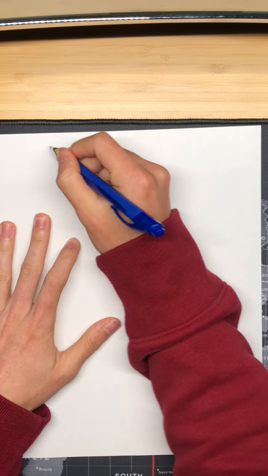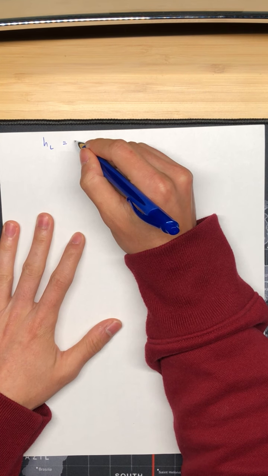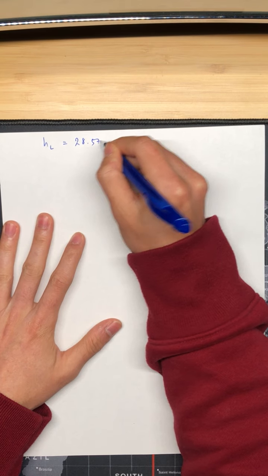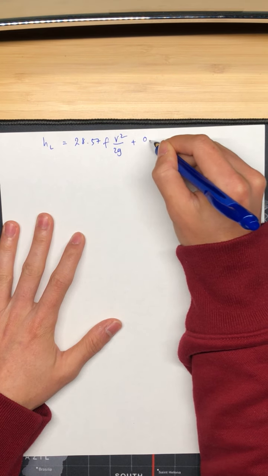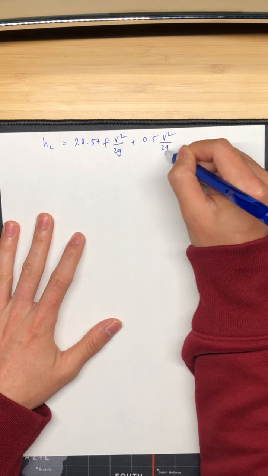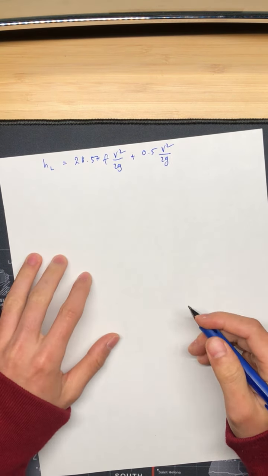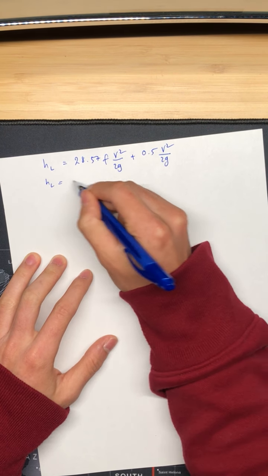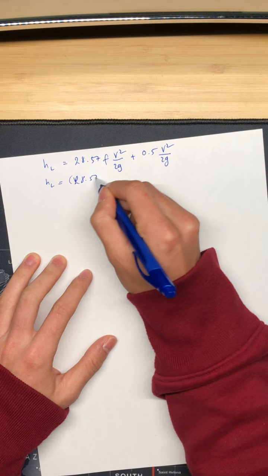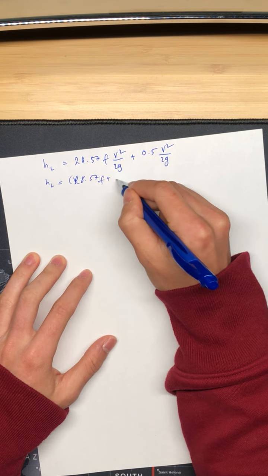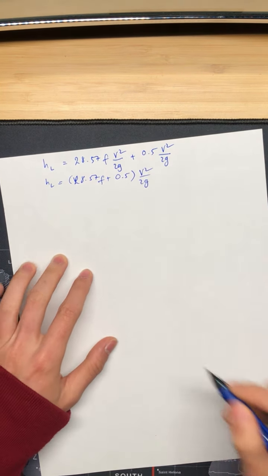So we have head loss total equals 28.57 F V squared over 2g plus 0.5 V squared over 2g. Let's factor out this term, V squared over 2g. We have 28.57 F plus 0.5, times V squared over 2g.